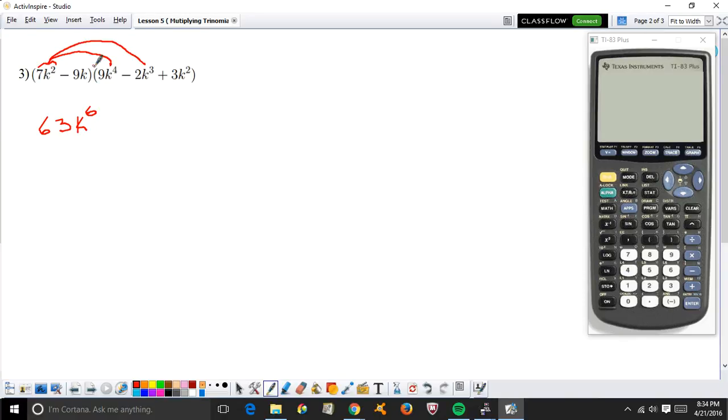Okay, so we'll distribute again. So 7 times negative 2, so that's negative 14. K to the 2nd, so it's k to the 3rd. Add exponents, so that's k5.